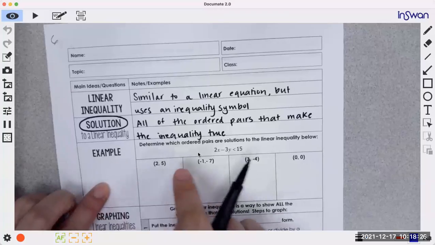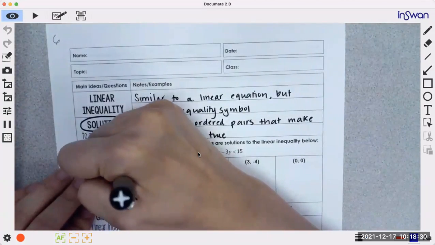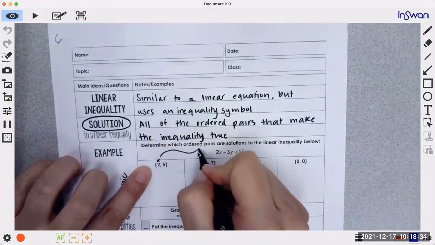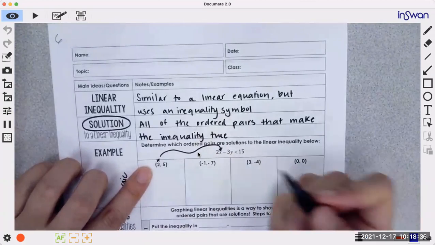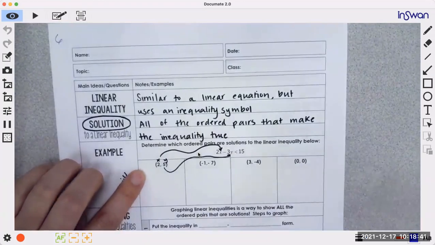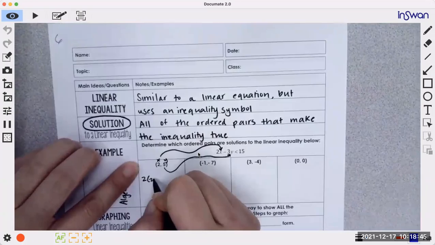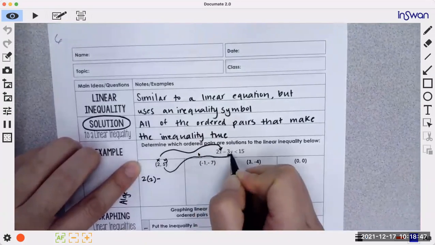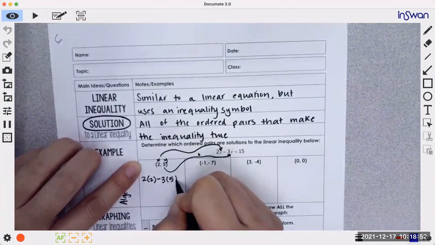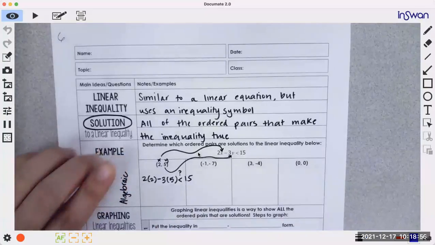So we showed that algebraically by just taking your X and straight up plugging it in to your inequality, and then taking your Y and straight up plugging it in to your inequality, and then seeing if it makes it true. So when I put a 2 in right here, you have 2 times 2, minus, copy that 3, copy that 5, plug that in for the Y, and then copy the inequality, copy the 15, but I like to put a question mark on top of the inequality.